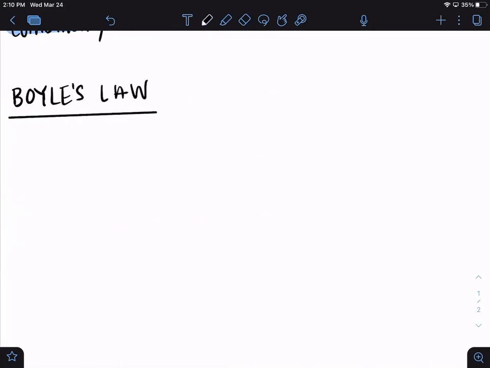Boyle's law is basically talking about two things: volume and pressure. Very important to know. So if you were asked a question that was conceptually written and it talked about what relationship did Boyle's law show, you'd need to know that it's volume and pressure.